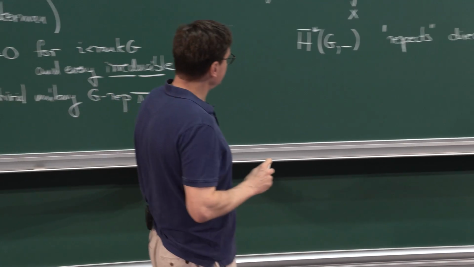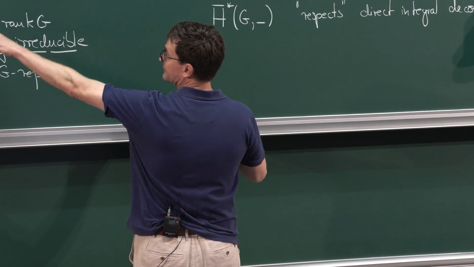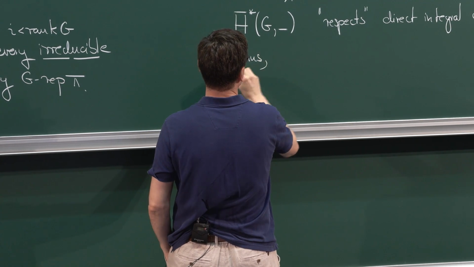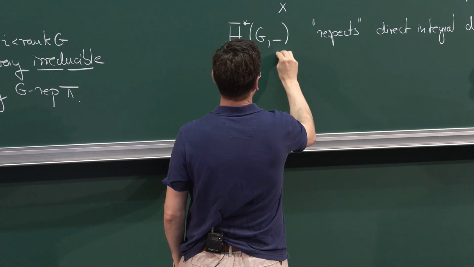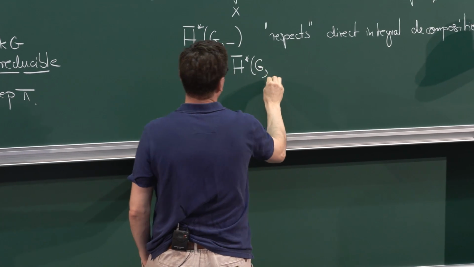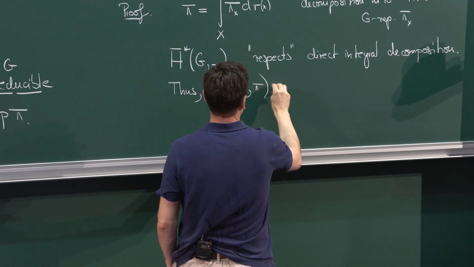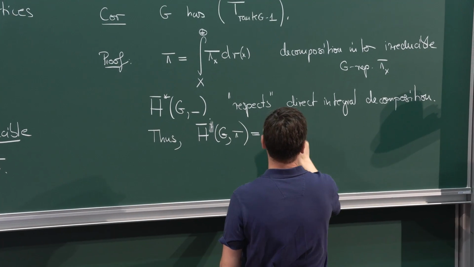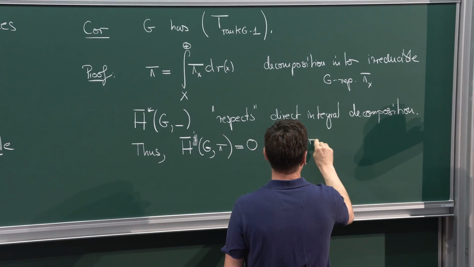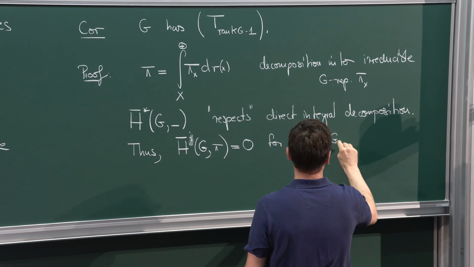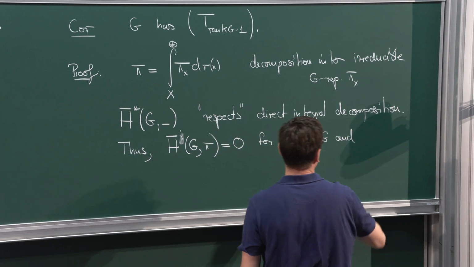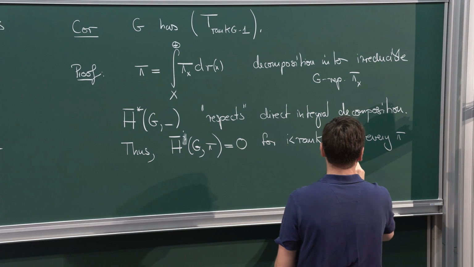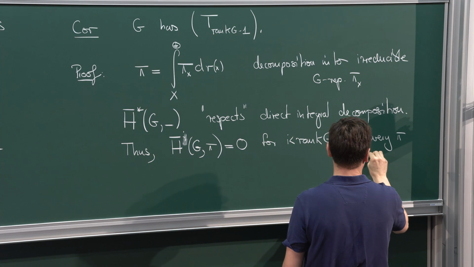Okay, but this does, and therefore, using this theorem by Vogan-Zuckerman, we have that this is 0, or let's write i, for i below the rank, and every pi with no invariant vectors.